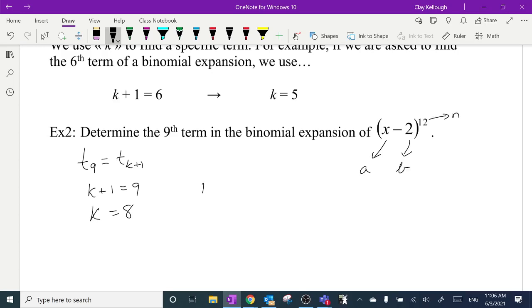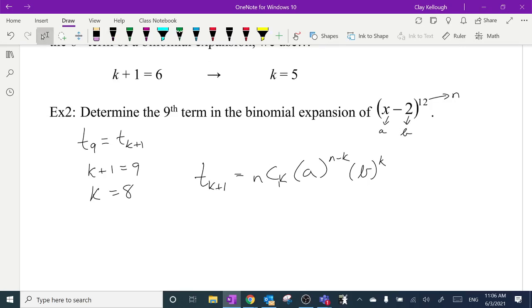And I'm using the formula t sub k plus 1 is equal to n choose k times a to the n minus k times b to the k. And let me give that a little more room here. There. So that's the formula I'm going to use.